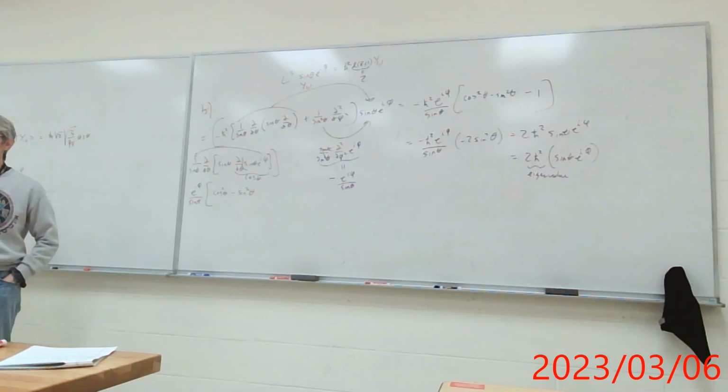Have I done that right? Yeah, if I add them, the x parts go away and the y parts add. If I subtract them, the y parts go away and the x parts add. So this is x, and this is y.